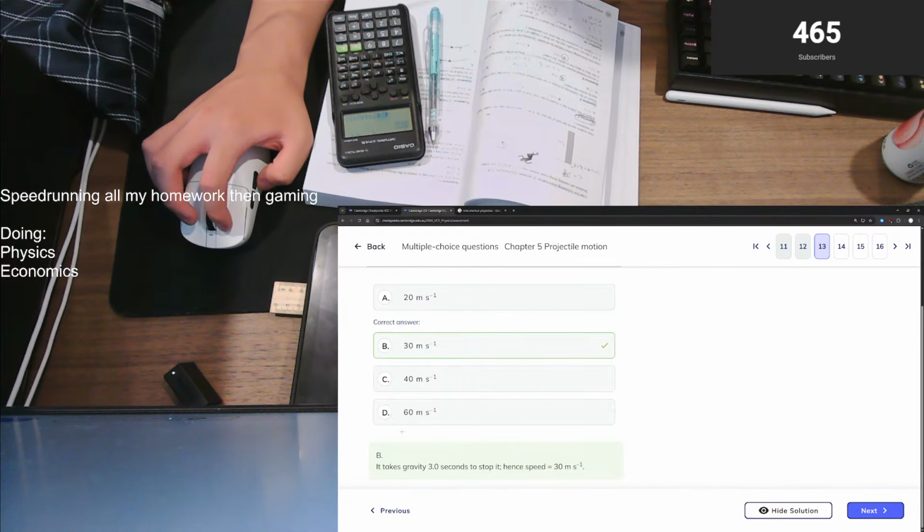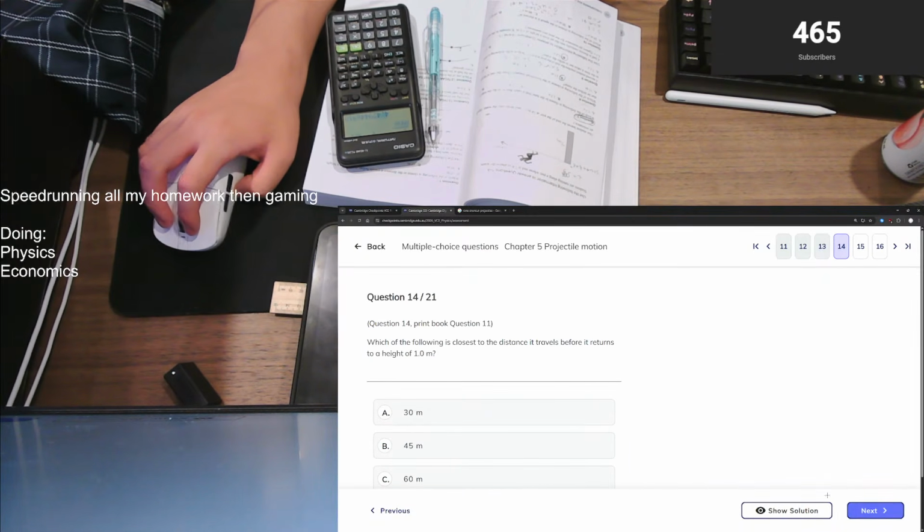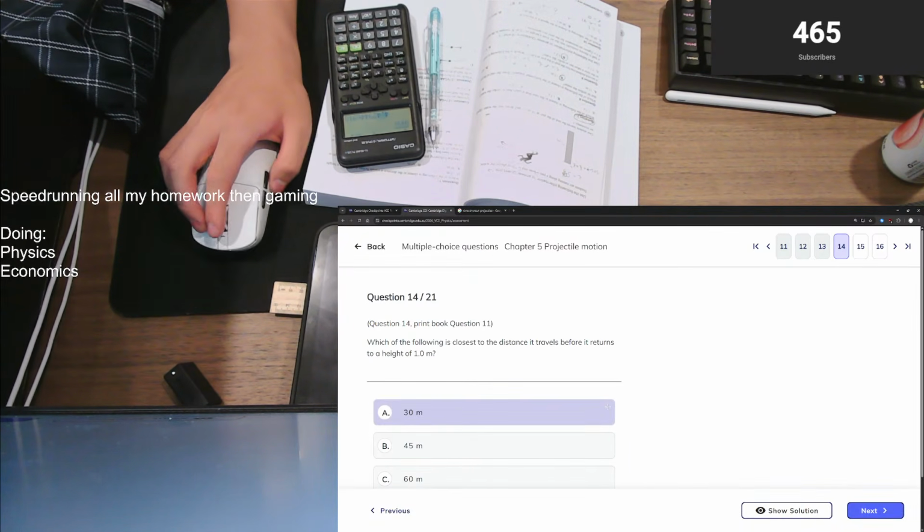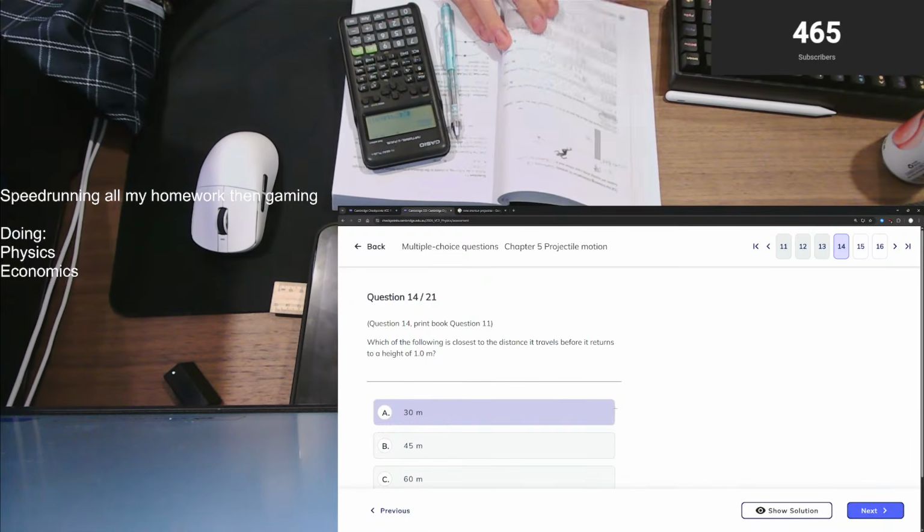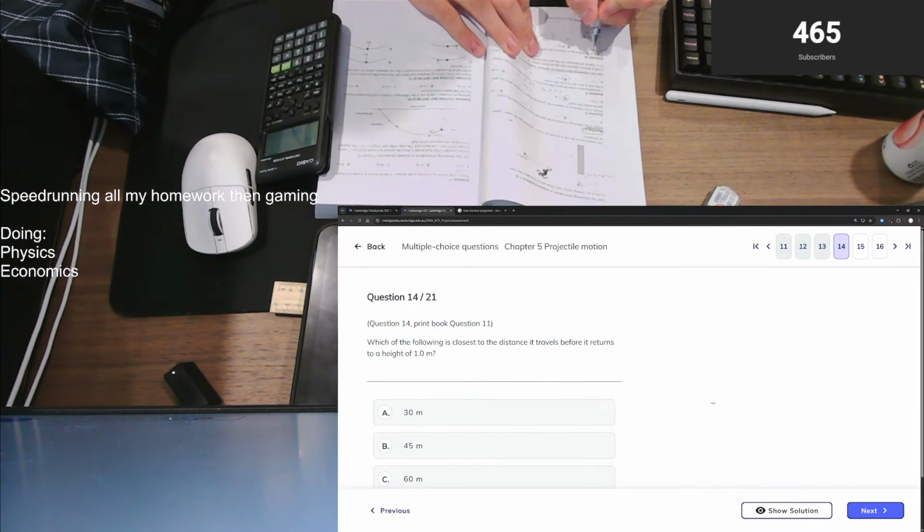That shit doesn't even make any sense. Don't know how to do this question either.